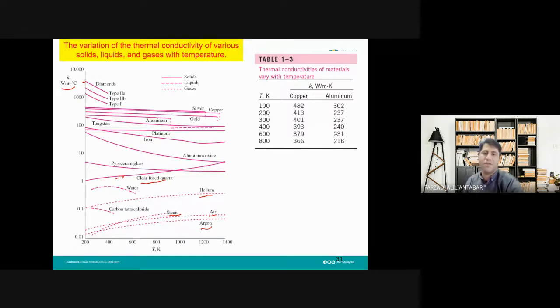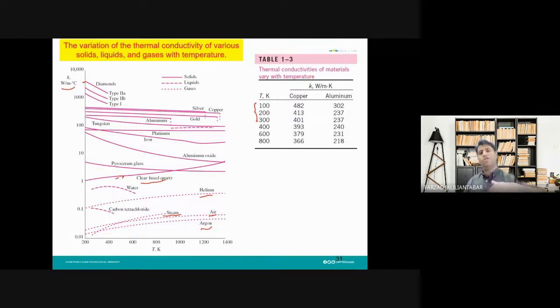For copper at 100 Kelvin, the thermal conductivity is 482, and at 200 Kelvin, it is 430. In this range, you can see how much the thermal conductivity is different, almost 70 watt per meter Kelvin.